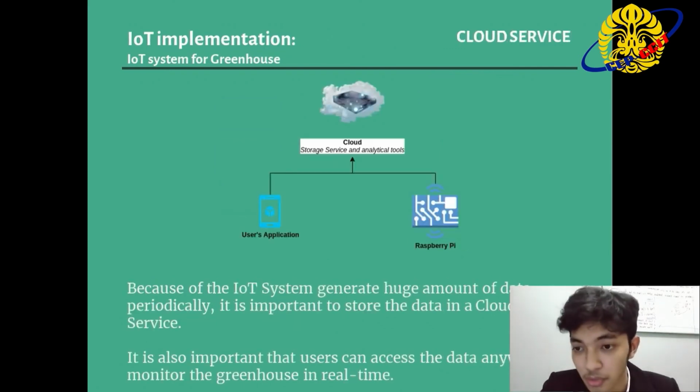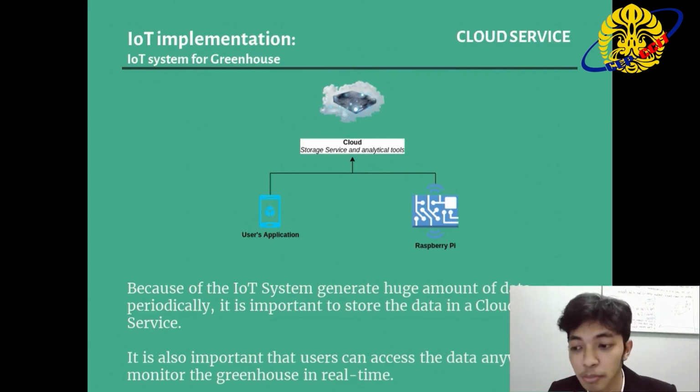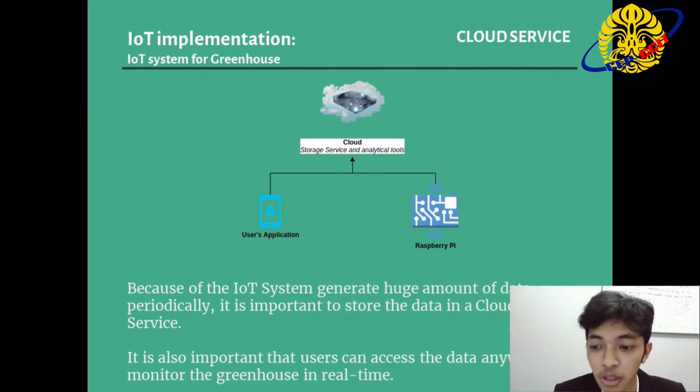And then, in this slide, I want to explain why cloud service really fits our IoT system. First, to be specific, we are using a storage service from a cloud service provider. We are also using an analytical tool. Because the IoT system generates a huge amount of data periodically, it is important to store the data in a cloud service.